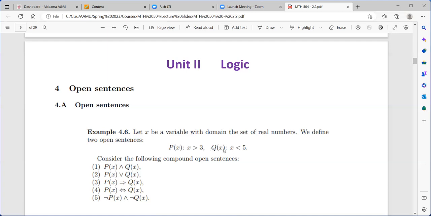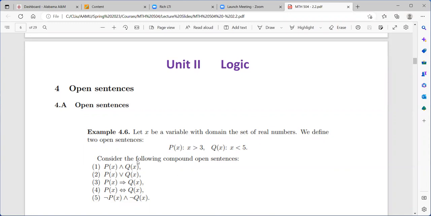Similarly, Q of x is defined as the open sentence x less than 5. Then we can compound the open sentences just like statements, because the only difference is you have a variable now, but you can still take the compound open statements in each case.